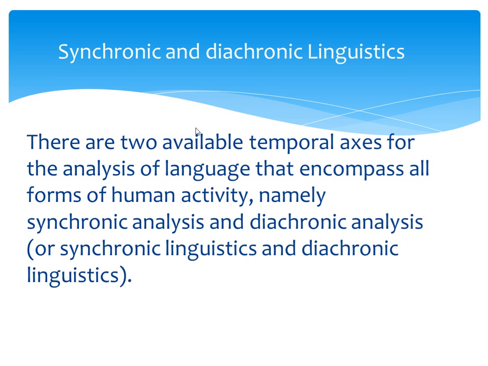While in diachronic linguistics we cover one aspect of language or many aspects of language, any aspect of language, across 2 points in time, from past to present or from present to past. And this is the main difference between synchronic linguistics or synchronic analysis and diachronic linguistics or diachronic analysis.